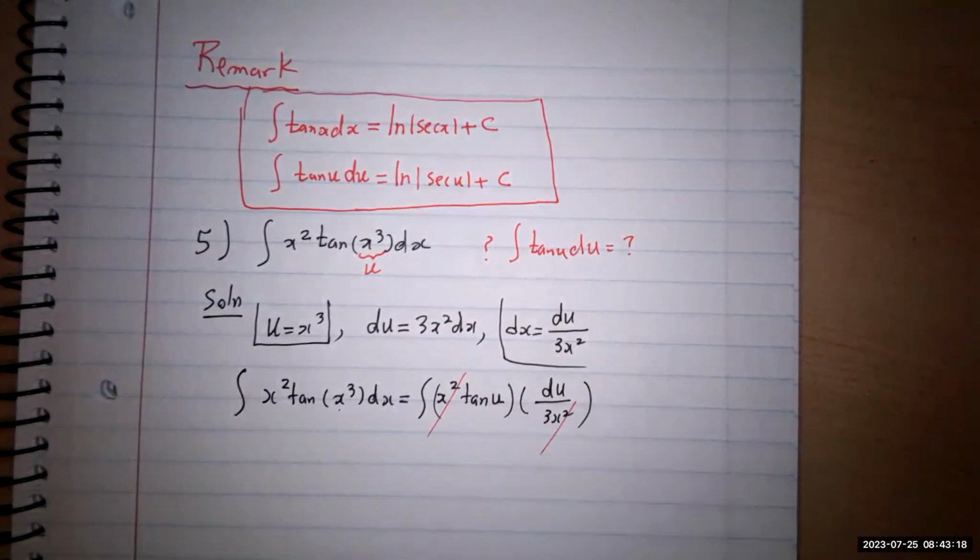But you know that the integral of tan is ln of the secant. This is your formula. So it's going to be equal to 1/3 ln of the absolute value of secant of u plus c. But you have to substitute for u. Your u is x cubed. So the final answer would be 1/3 ln of the absolute value of secant of x cubed plus constant c.